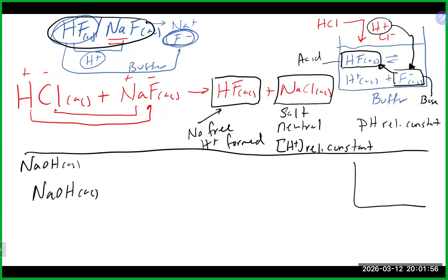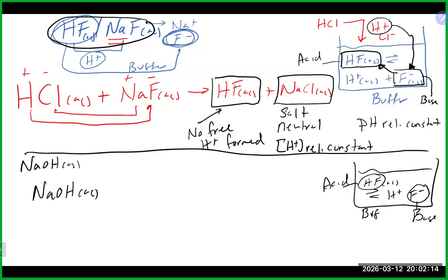When we add it to our buffer, which again we'll use the same one here, it's going to set up its equilibrium, where again we have our base part of the buffer and our acid part of our buffer. When the sodium hydroxide is added, it will go and find the acid part of the buffer to do that acid-base reaction.